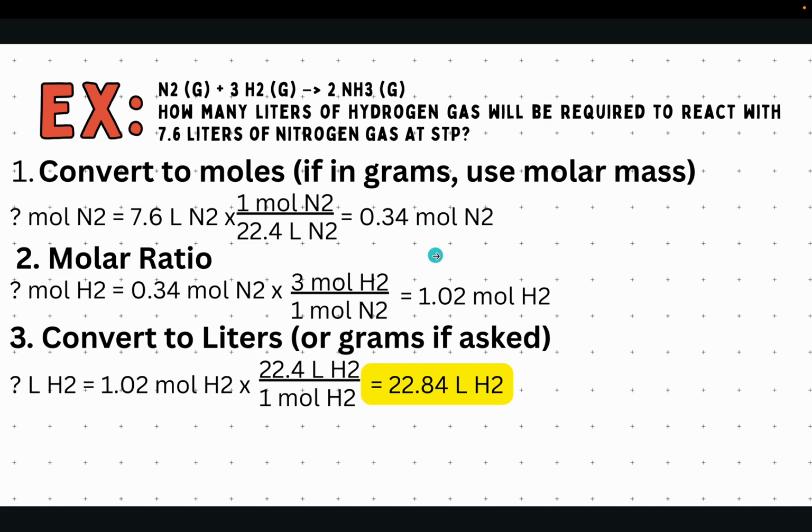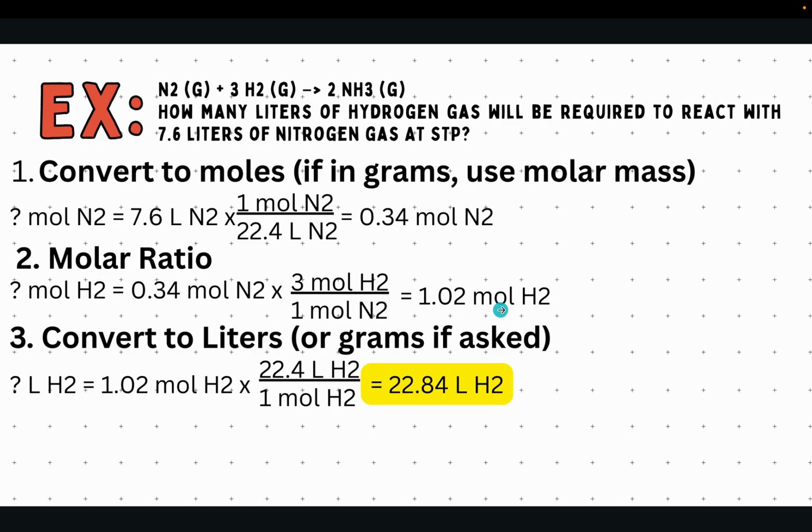Then we get the molar ratio to find out the other element. Remember, for stoichiometry, the molar ratio is a key bit. So how many moles of hydrogen do we now have? Well, we take this answer, then we use a molar ratio, 3 from there, 1 from there, and we get 1.02 moles of hydrogen. So we know that 1.02 moles of hydrogen are going to be used in this reaction.